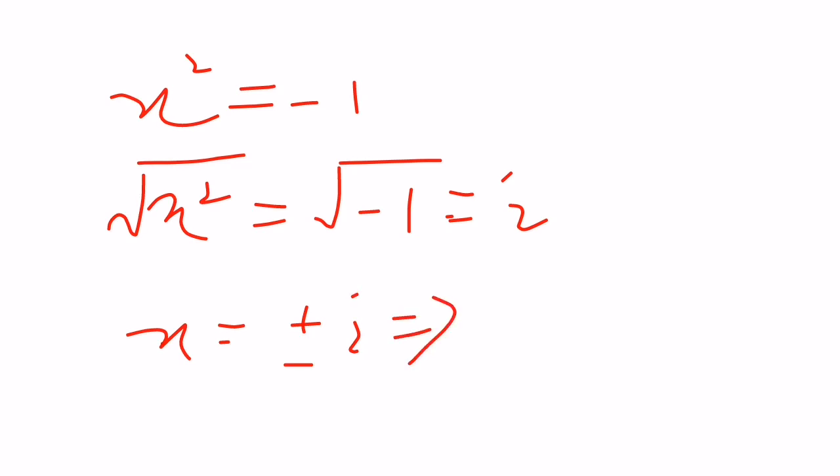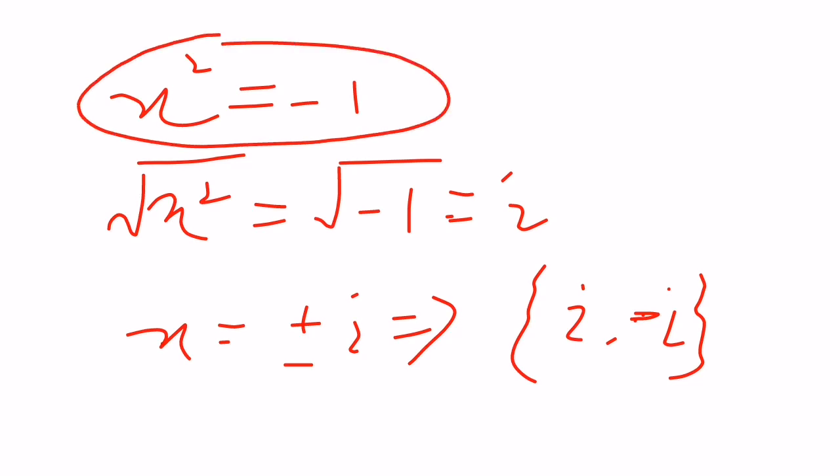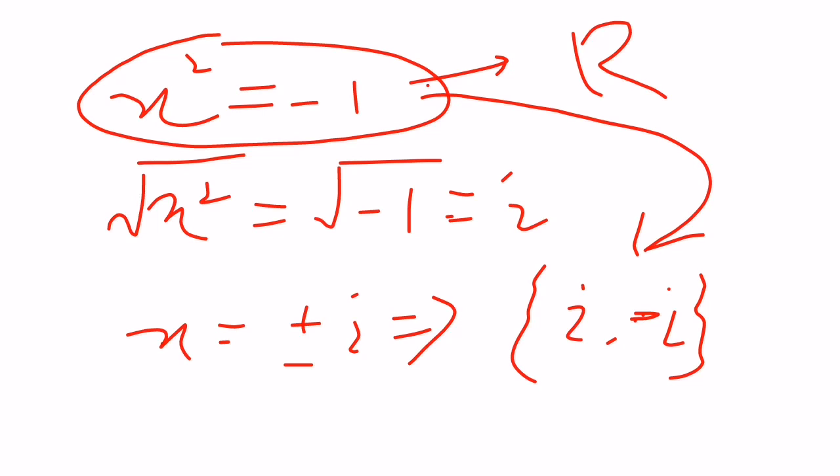So the solution set is iota, minus iota. This means that this equation can be solved, and the solution set is this in the set of complex numbers. But the solution of this equation does not exist in the sense of real numbers.